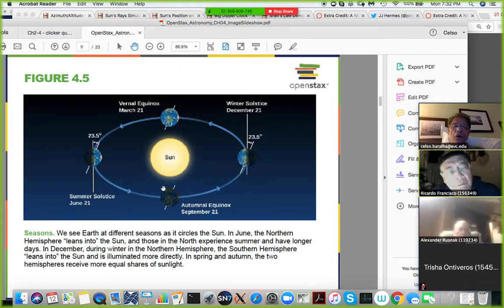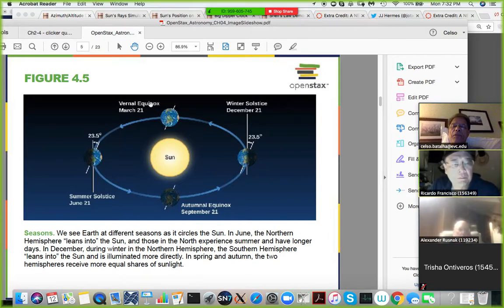And these two other positions here, September 21st and March 21st, mark the points in which both hemispheres happen to be illuminated the same way. That's why the name equinox: equi, the same, nox, light, so it's the same illumination in both hemispheres.